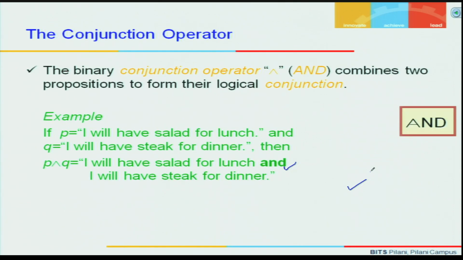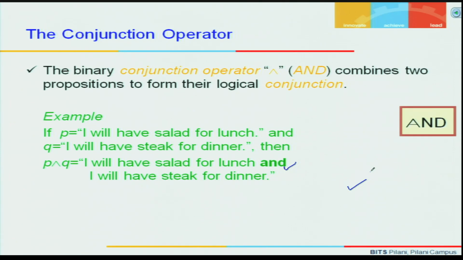Then we will see another operator, and this is a binary operator. That means it needs two operands to be acted upon to get the resultant value. This is called the conjunction operator. It combines two propositions to form their logical conjunction.